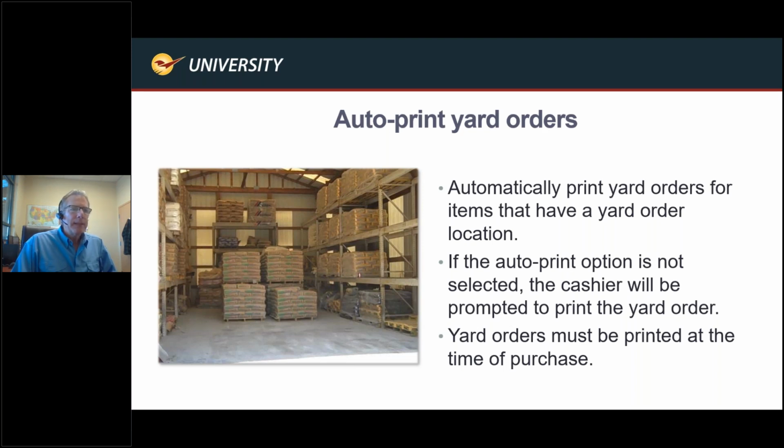If the auto print option is turned off, meaning not selected, the cashier will be prompted with, do you want to print a yard order? Because there are items in that invoice that are contained in the yard. This can be automatically printed, and the yard orders can be printed either at checkout, or on the dock as well, or at the pick station.